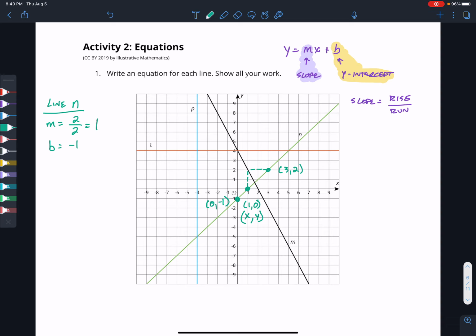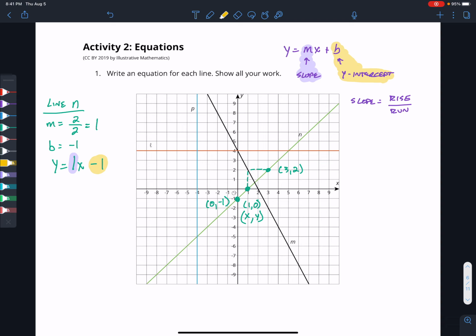And we don't include the zero because the y-intercept is simply asking at what value on the y-axis does this thing cross. So it crosses at -1 there. So now we can just write our equation: y equals 1x minus 1. And here again, here is our slope, and here is our y-intercept.